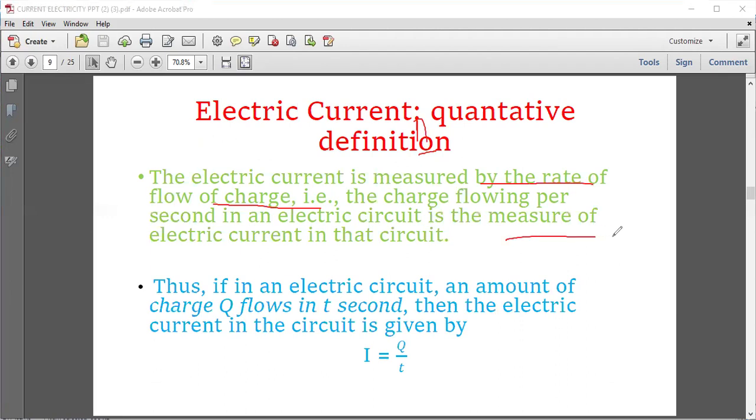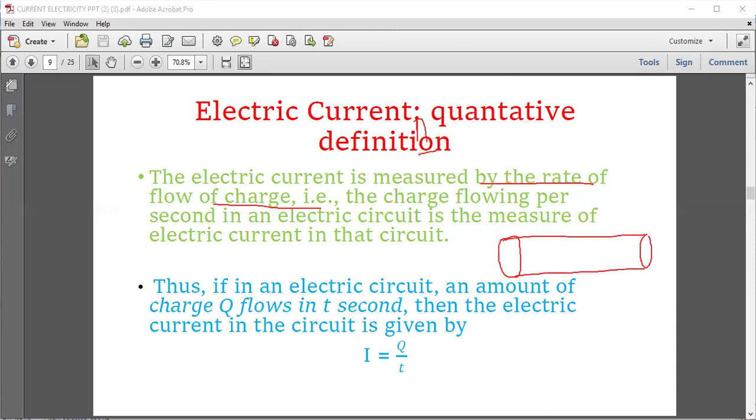Or in other words, this is very important point. What is its meaning? It is the rate of flow of charge through any cross section of the conductor. It is the rate of flow of charge through any point of the conductor. That is called the electric current. वो electric current का magnitude कहलाता है.